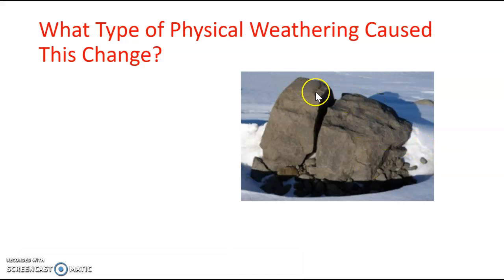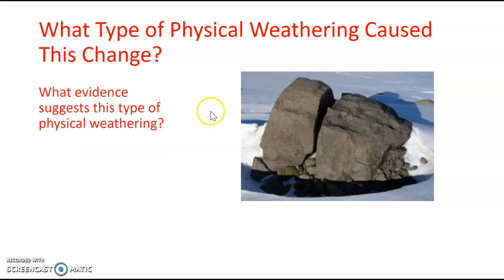Okay, this little rock is a lot less glorious and dramatic than the ones we've been looking at, but you can see it's split really cleanly in two right here. And the snow that's surrounding it and the sunlight suggests to me that we probably had ice wedging.